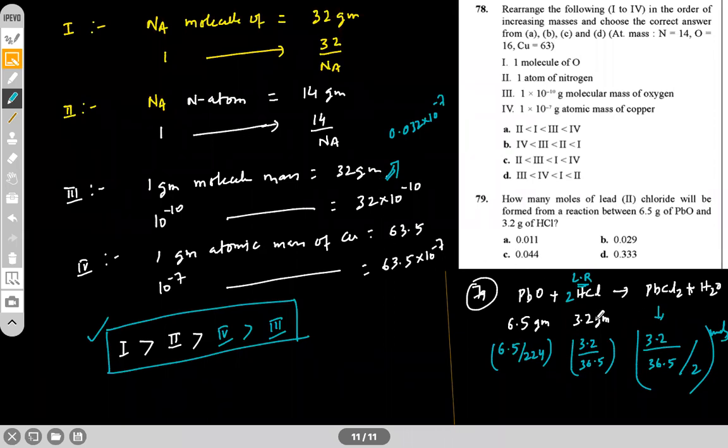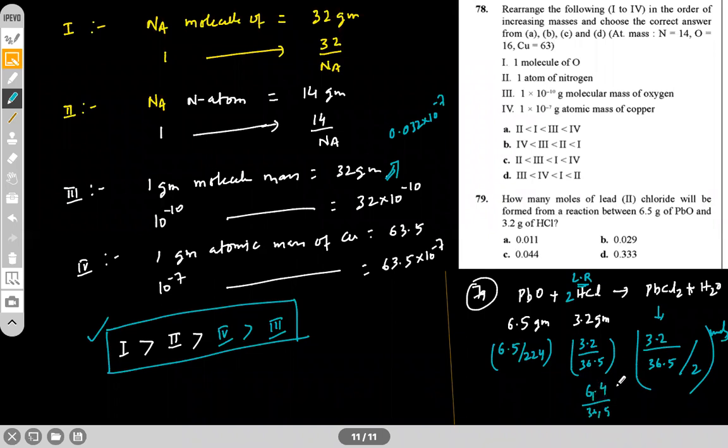So when you solve this, the answer will be option. How many moles of lead chloride will be formed in a reaction between this and this? 3.2 by this, so this will solve. There is 6.4 divided by 36.5.